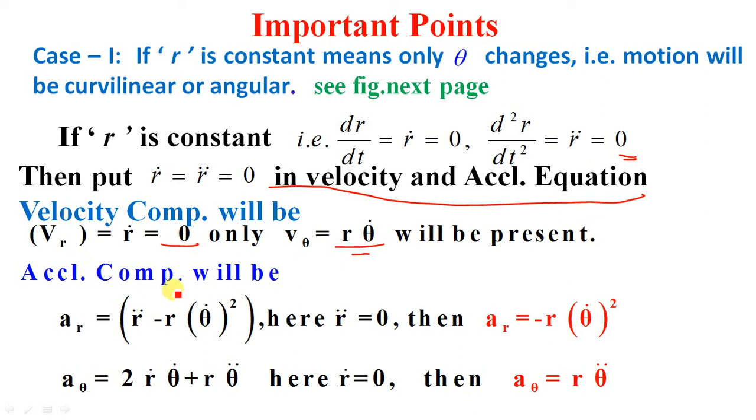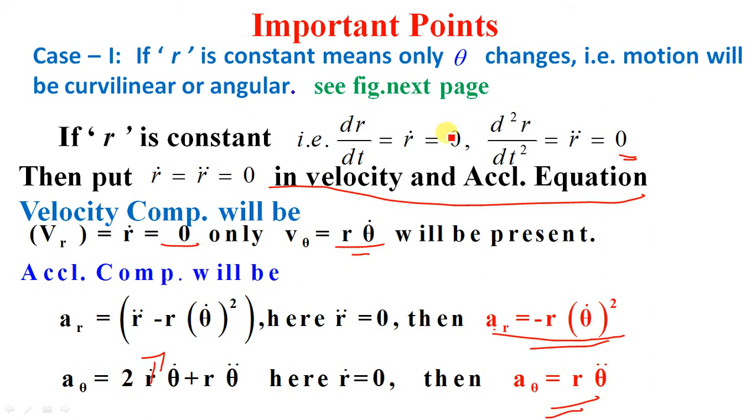For acceleration, substituting these values, you will get Ar equal to minus r theta dot square, and A theta is equal to twice r dot theta dot plus r theta double dot, where r dot and r double dot are 0, so A theta is equal to 0 in the first term and only r theta double dot remains. You use this when r is constant.